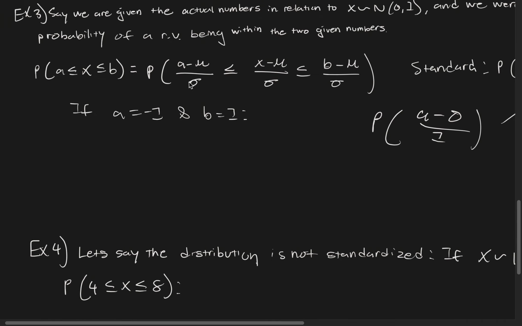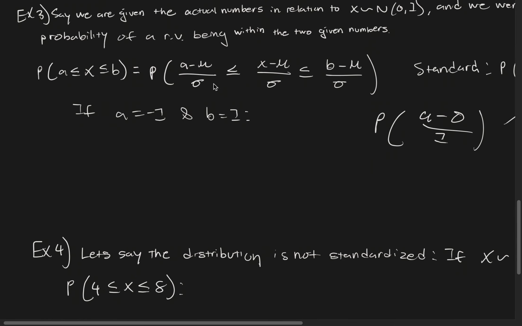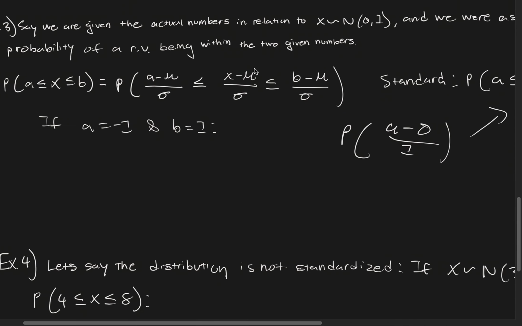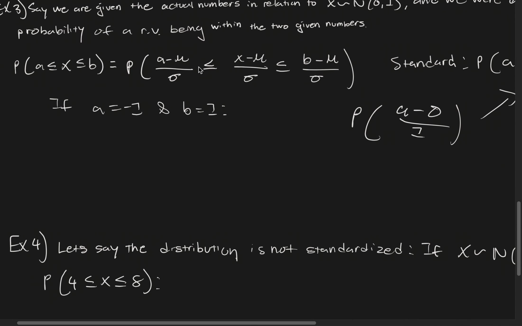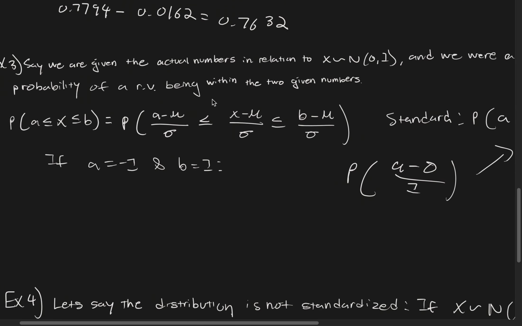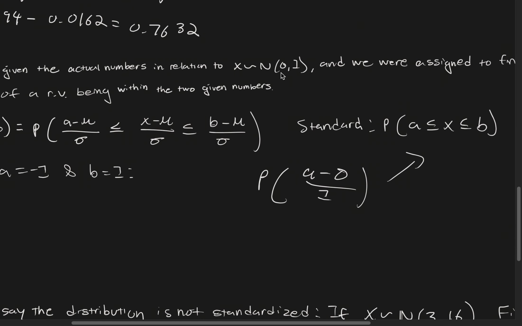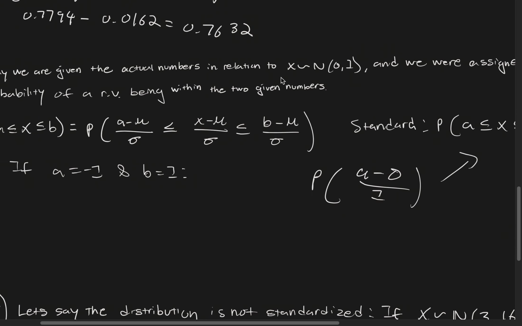When we're trying to find the probability between two numbers in a distribution that isn't standard, we subtract mu and divide by the standard deviation because we're standardizing it. Well, we're not normalizing it because it's already a normal distribution, but we're standardizing it so that mu becomes 0 and the SD becomes 1.